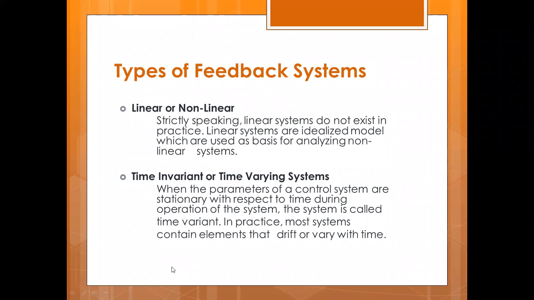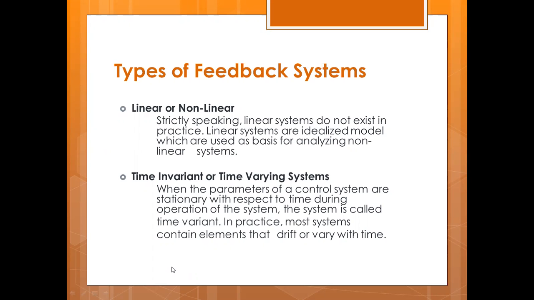Linear systems are idealized models which are used as the basis for analyzing non-linear systems, just like when you recall your kinetics, you use the ideal reactor models to come up with the design of real reactors in the industries.